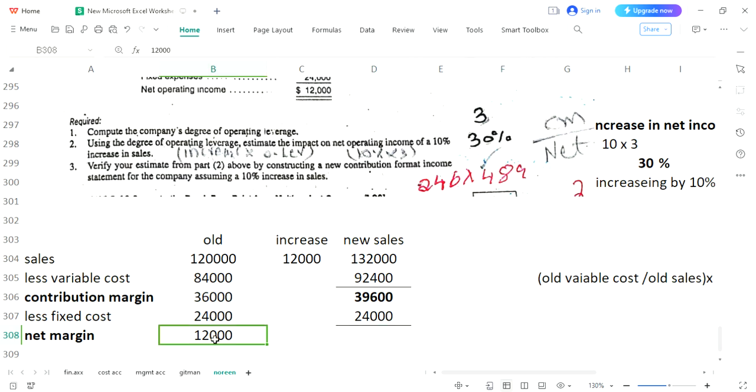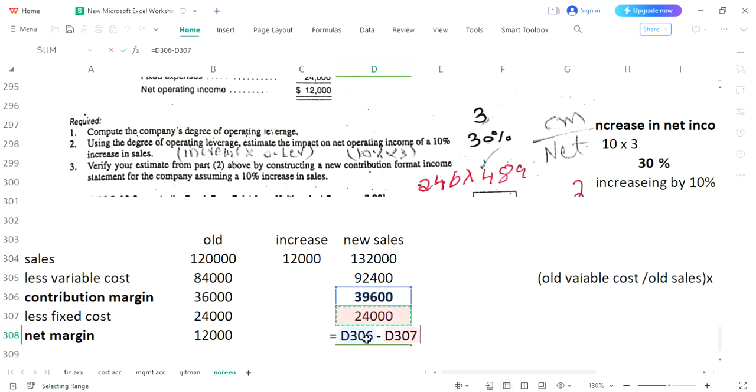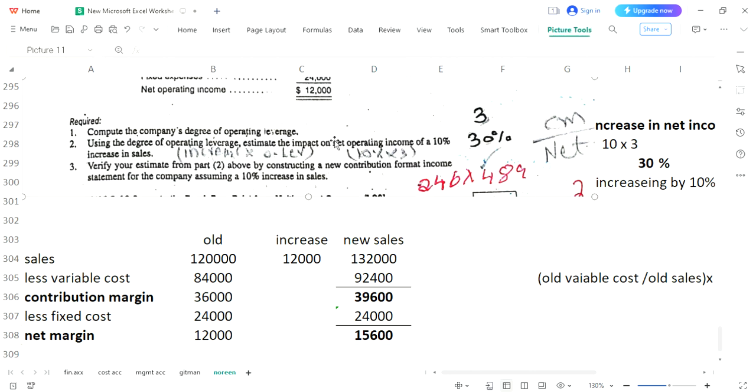Old net profit was 12,000 and here you are calculating your new net profit by subtracting fixed cost from contribution margin. So you have your new net margin which is 15,600. This is acceptable that your profit has been increased from 12,000 to 15,600, but we need to prove whether your profit has been increased by 30%, because we have used the degree of operating leverage formula over here.